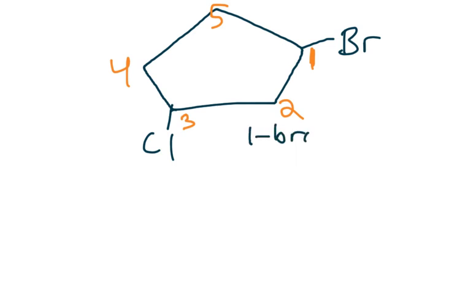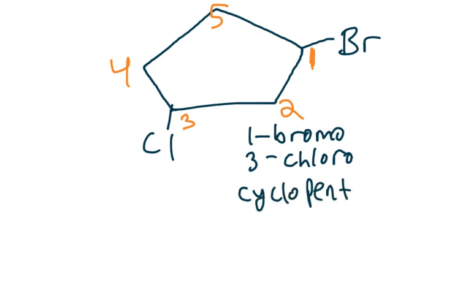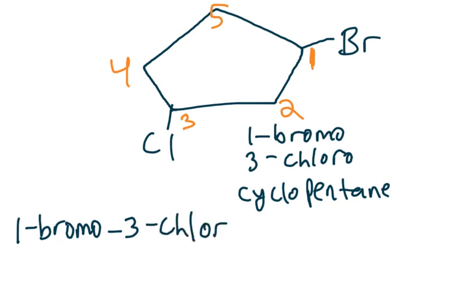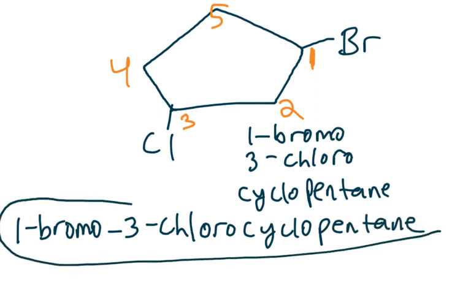We have a 1-bromo, and we also have a 3-chloro substituent. And overall, we have a cyclopentane ring. So we just join everything together, alphabetically so it's correct. We have 1-bromo, 3-chloro, cyclopentane. All right, so that's our name for this molecule above.